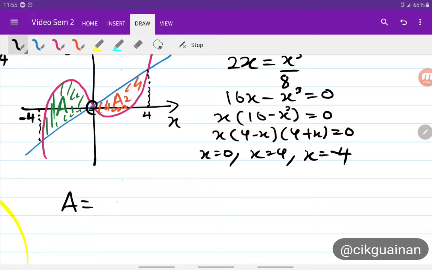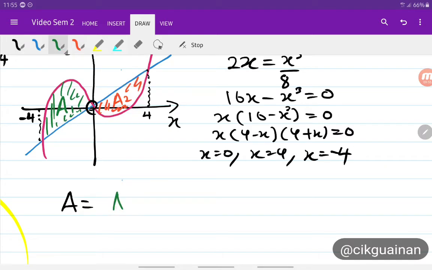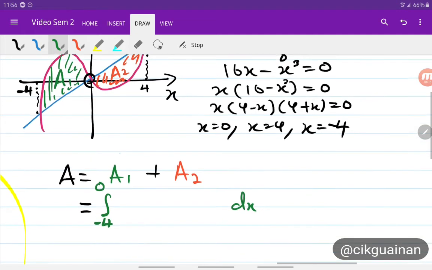So A equals A1, I use green, easy for you to look, plus A2. Now for A1, we integrate from minus 4 to 0, with respect to x.